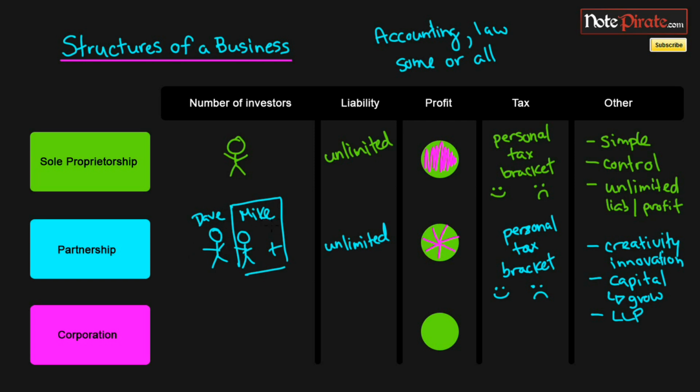So Mike is only liable up to the amount that he has invested in the partnership. So he's only liable for his business component of assets, not his personal assets. So just his business assets. And that's if someone sues the partnership for negligence or misconduct.